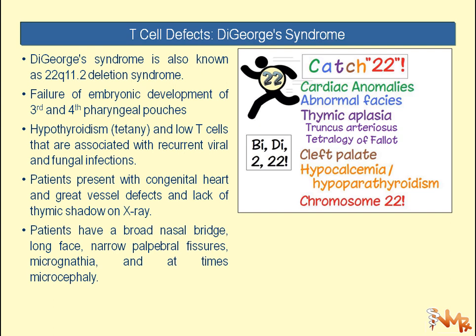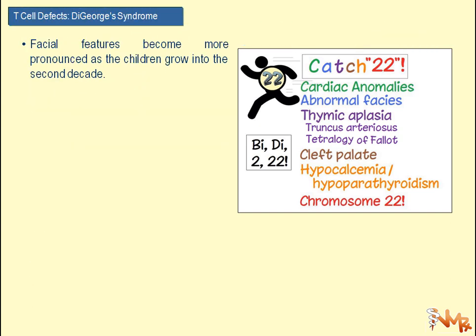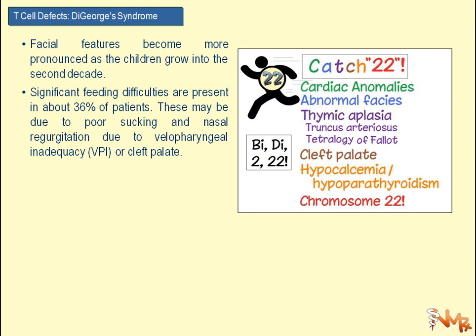Patients have a broad nasal bridge, long faces, narrow palpebral fissures, micrognathia, and at times microcephaly. Facial features become more pronounced as the children grow into the second decade. Significant feeding difficulties are present in about 36% of the patients, including the patient that we covered in that case scenario.